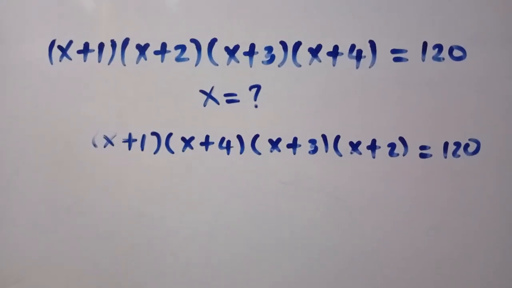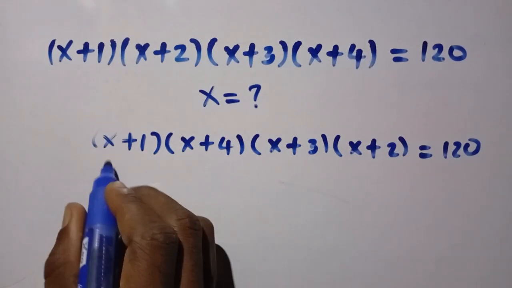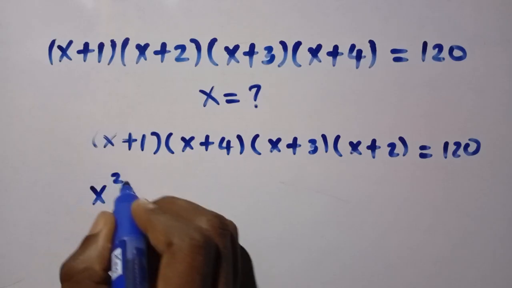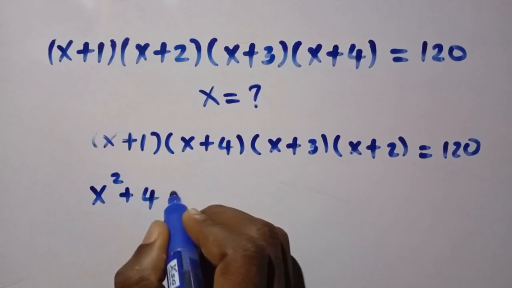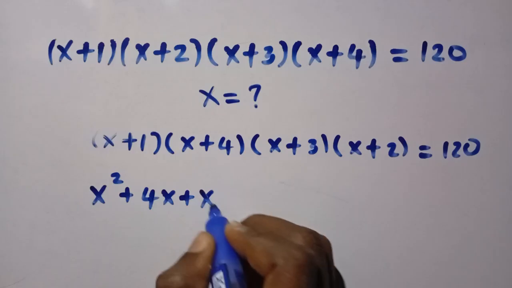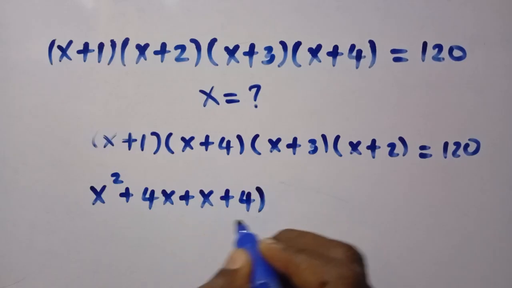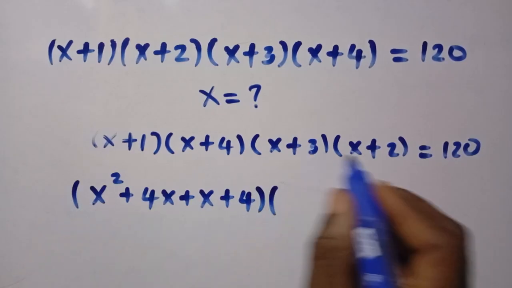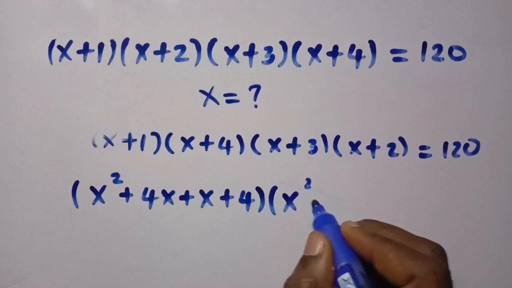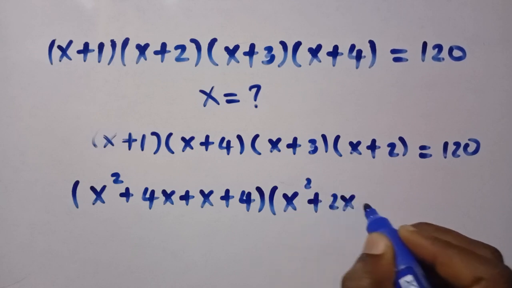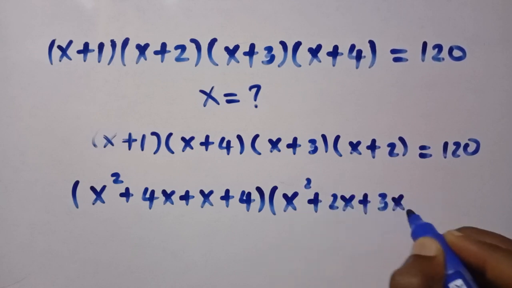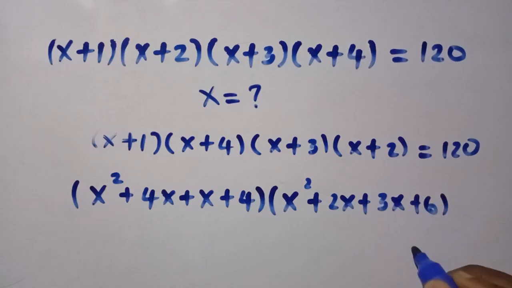Then, by expanding this, we have x times x, that is x squared, plus 4x plus x plus 4, and also we have x squared plus 2x plus 3x plus 6 equals 120.